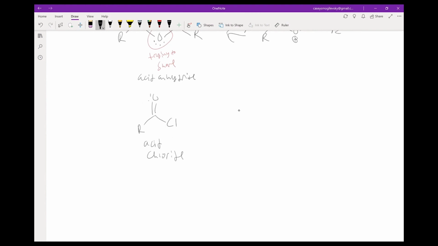If we try to do this resonance structure, well, chlorine is an incredibly electronegative atom. Something similar to carbon, something similar to oxygen, it's around 3.4.